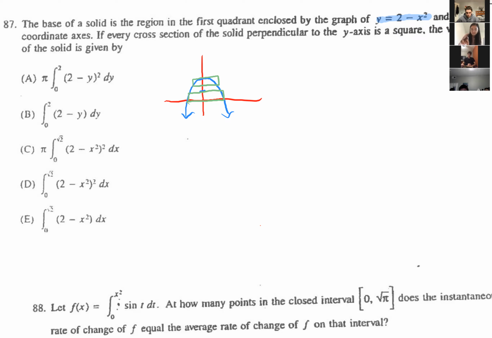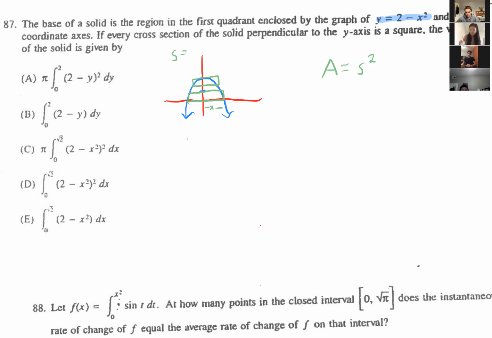Okay, so for this one, the area of a square is going to be s squared. We need an expression to represent s, the side length of each square. Well, if this right here is x, wouldn't the side length of the square be double that? Does everyone see that?